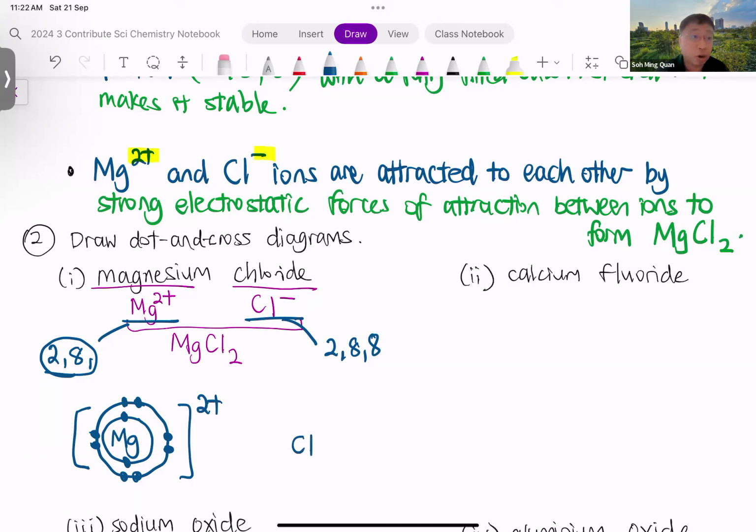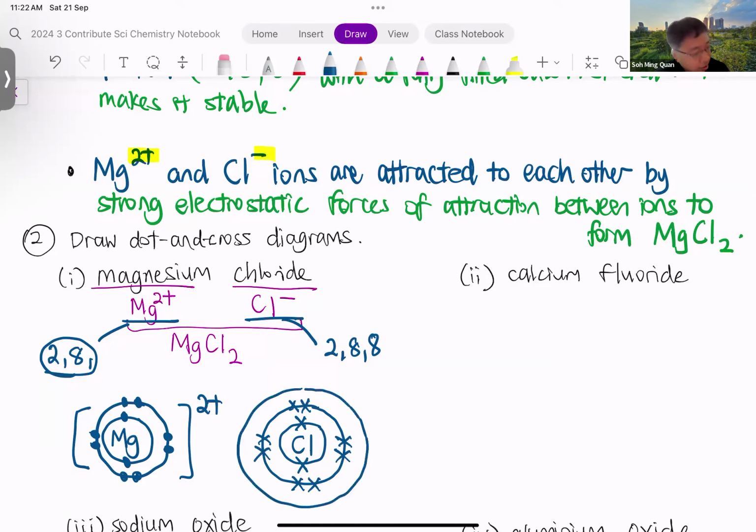Remember this dot and cross. So if I've used dots to represent the electrons on magnesium, chlorine must be a cross. 2, I use crosses now. So 2, 8, and then another 8.